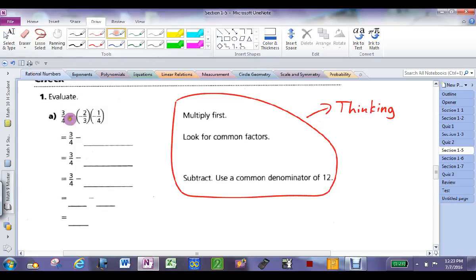Why did I leave 3/4 alone here? Because I got to do my multiplying first. What works with 2 and 4? 1, 2. 1 times 1 is 1. 3 times 2 is 6. Right? Now, can I add them together?